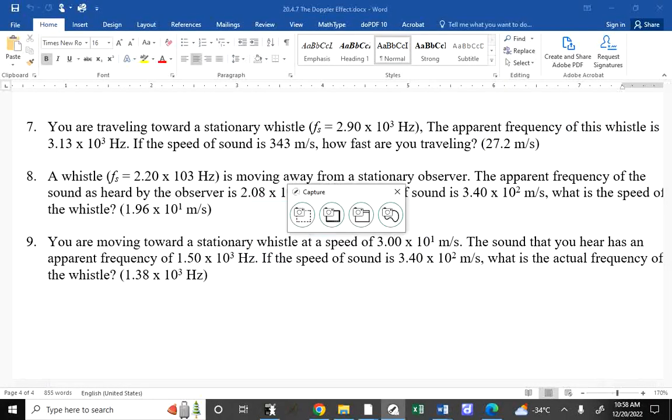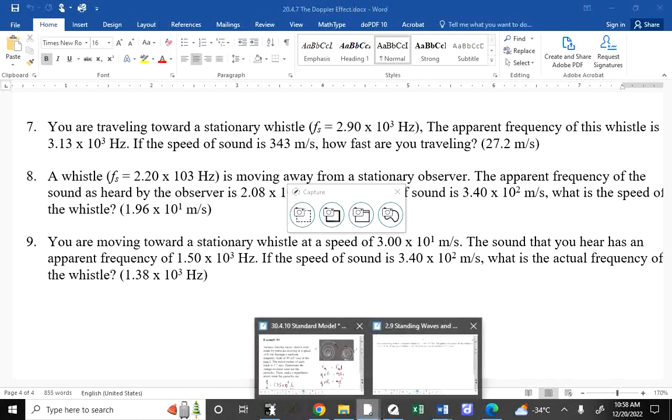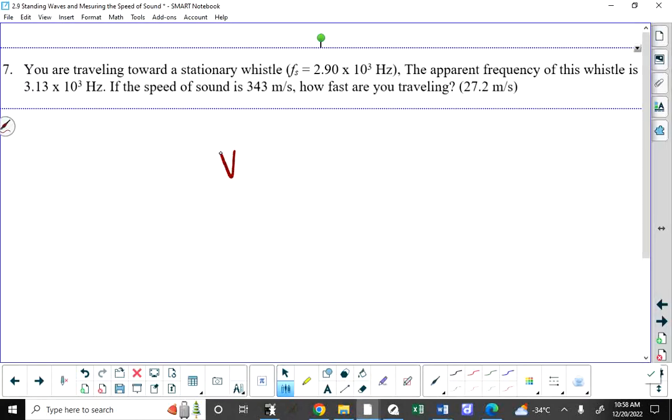Now, we have a bit of a problem here. In your formula, and we've talked about this many times so far, that Vs on the bottom is not the speed of you, it's the speed of the source.